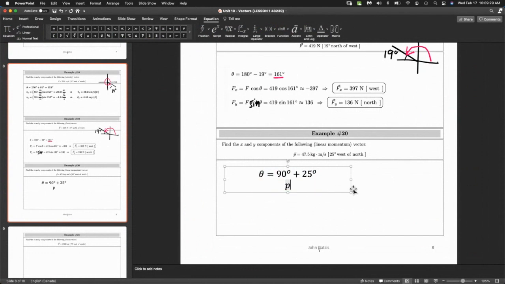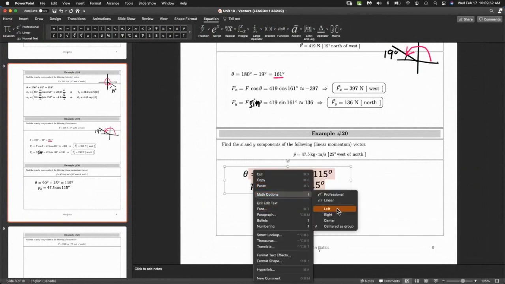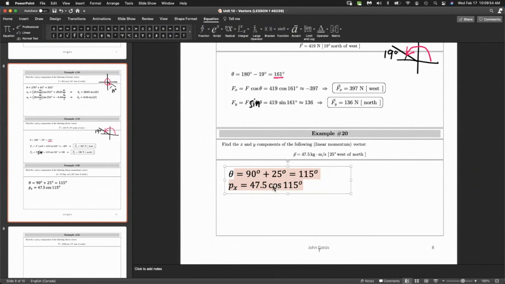So this is a momentum vector. So in px, we'll have 47.5 cos. In this case, that's 115 degrees. Notice that I'm not trying to be sloppy here, but I'm not putting the units here. I'm just doing the calculation kind of quickly on the side. And then in my final answer, I tend to be obviously very picky with the units.